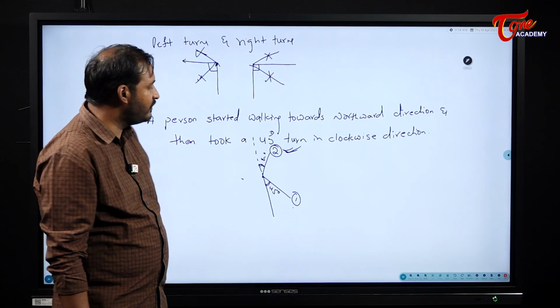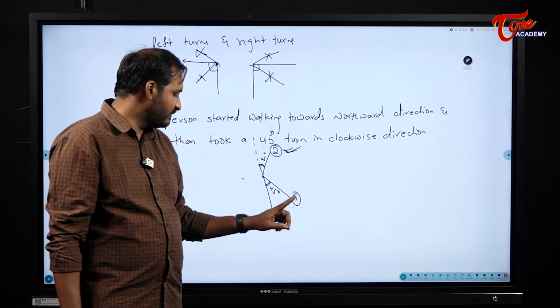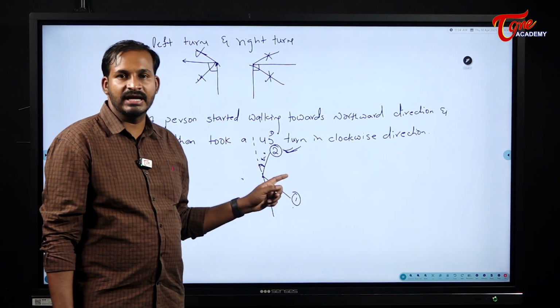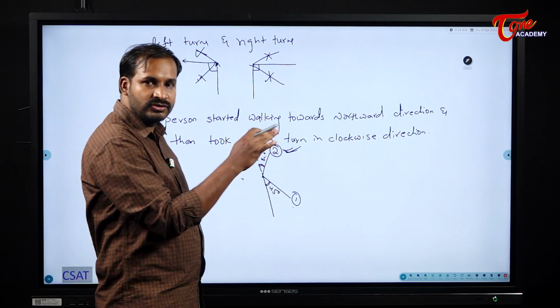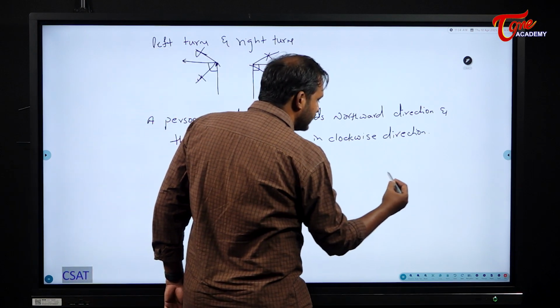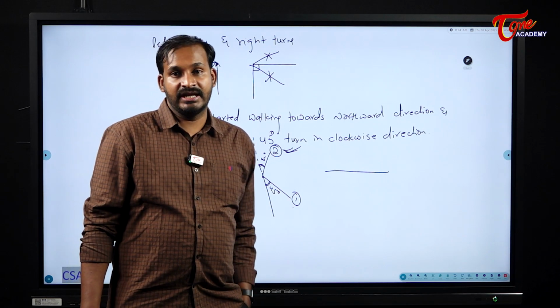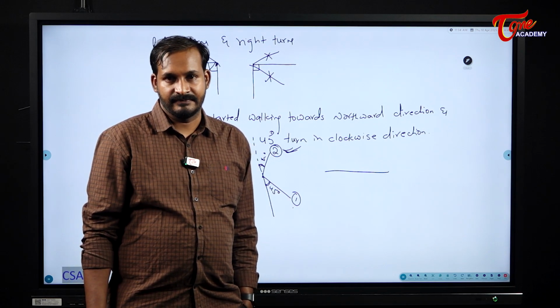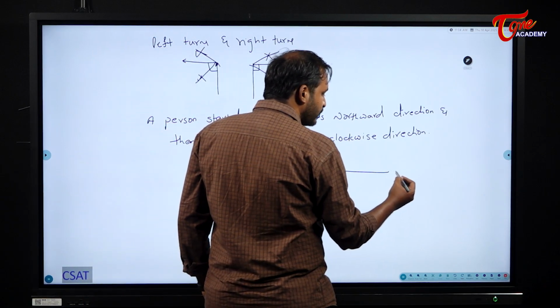So please be careful while making these turns, especially angular turns. They will very clearly mention what angle they are getting turned. From the actual path you should get deviated. For example, a person is moving in this direction. Now he took a 135 degrees anti-clockwise turn. So what will be his position now?